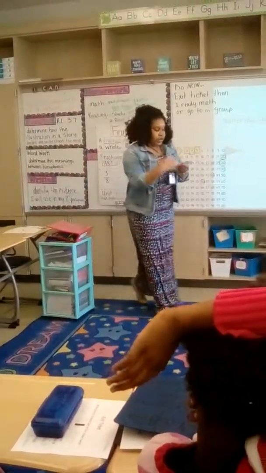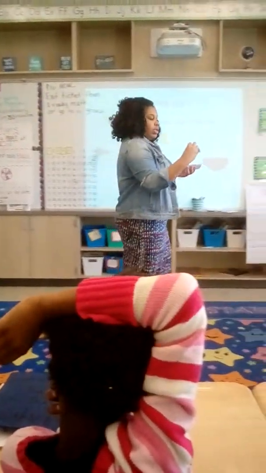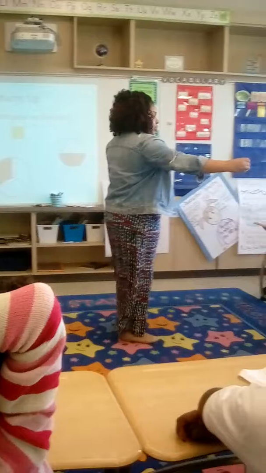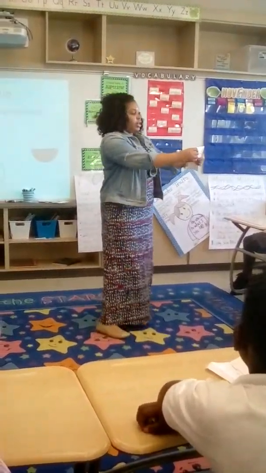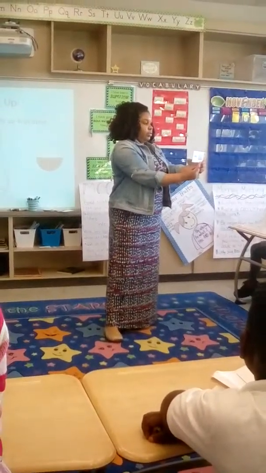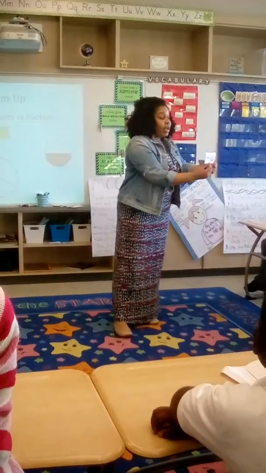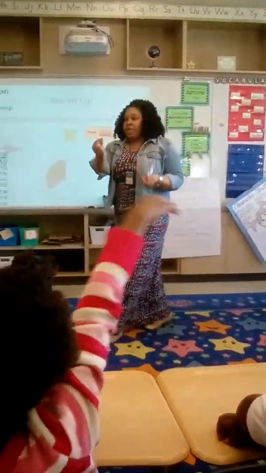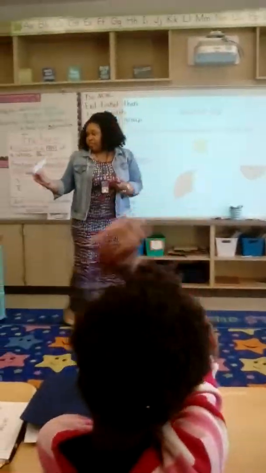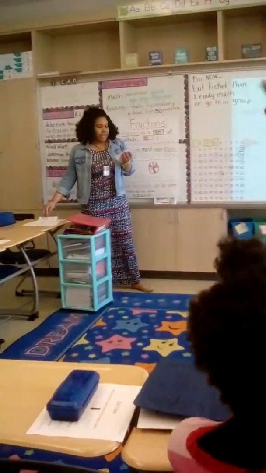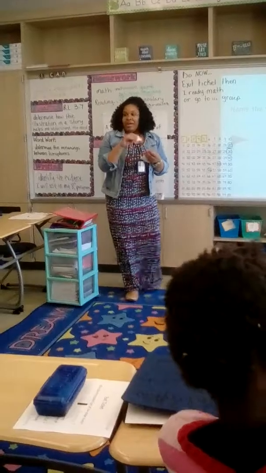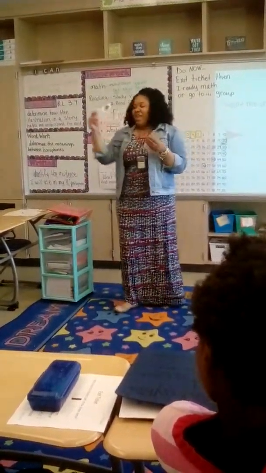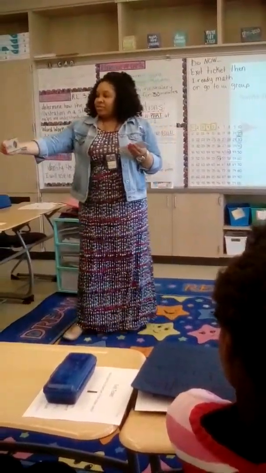All right, we're going to go over some other words. Danico, what is this? Thirds. How do you know it's thirds? Three of them are colored, so the 3 pieces show you that they're thirds. Savannah, what about this one? Fourths.